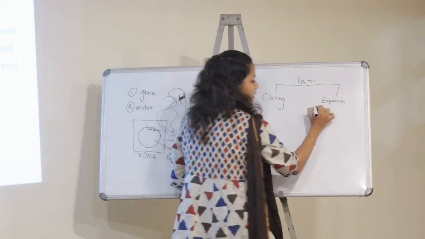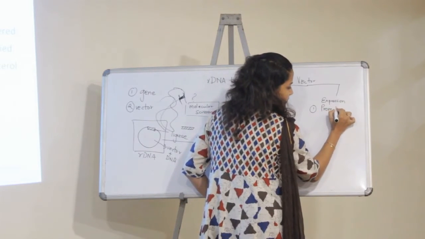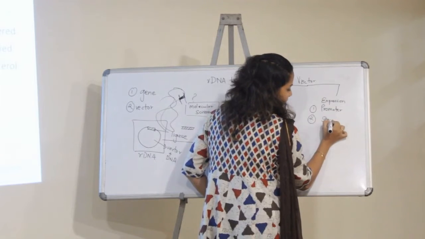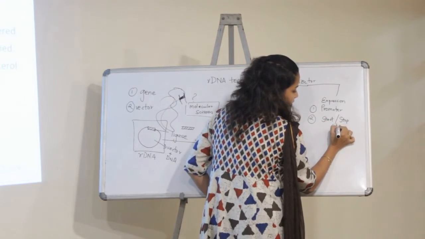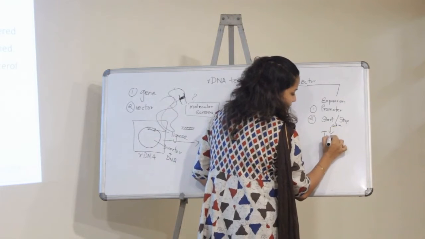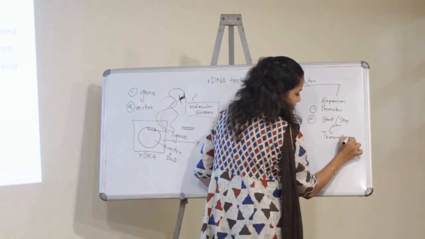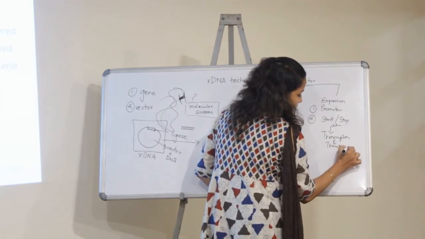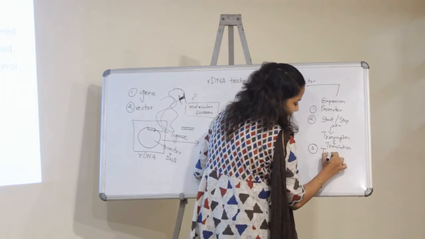What are those additional things? It should contain a promoter, it should contain start or stop codons for transcription and translation, and it should contain some tags.